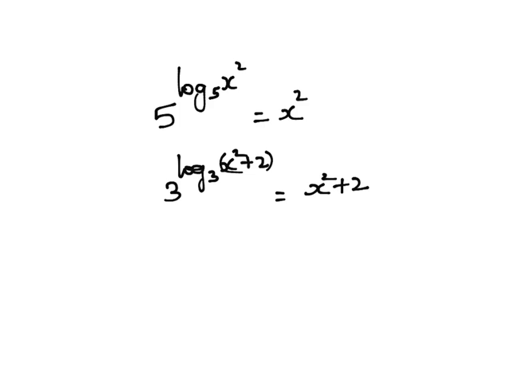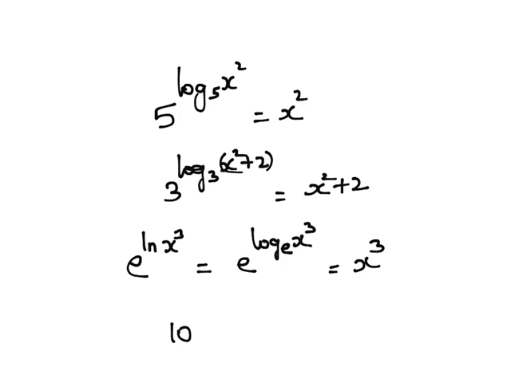Same way, if it is e raised to ln of x cube, basically it means e raised to log of x cube to the base e. So basically it's equal to x cube. One more example, if it is 10 raised to log 5y to the base 10, so 10 and 10, this is equal to 5y. Okay, so this is again an important property.